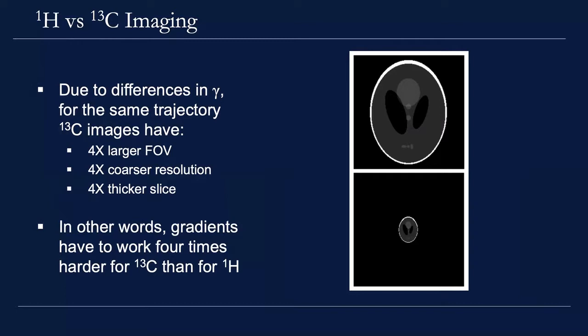So if you have the extra gradient headroom, you can increase the gradient strength. If you are already at Gmax or close to the gradient maximum, you then have to increase these durations to achieve the thickness or the resolution you want. So something to keep in mind, this will come up again when we talk about spectroscopic imaging with EPSI and some of the trade-offs there.